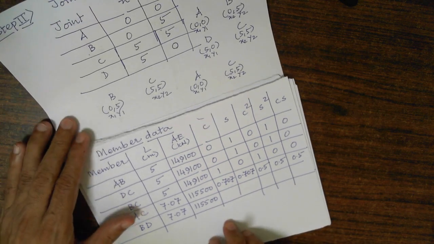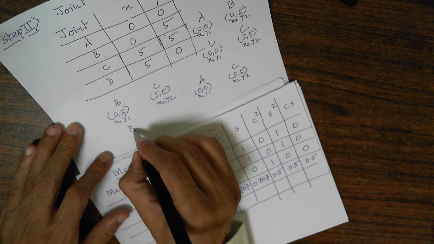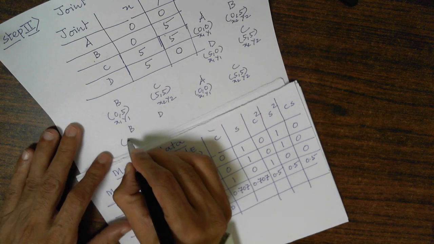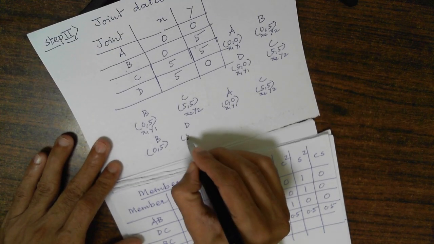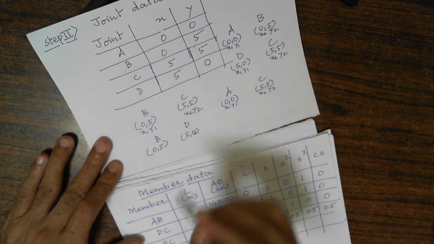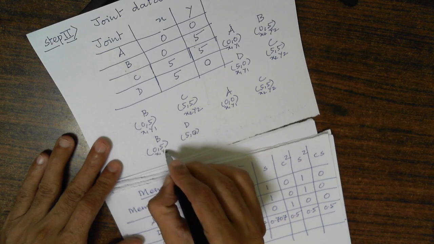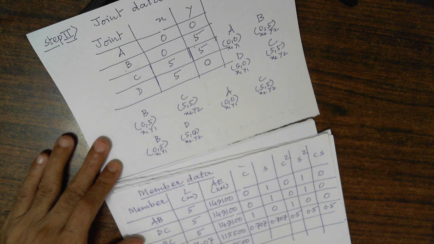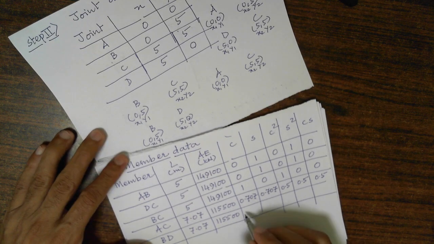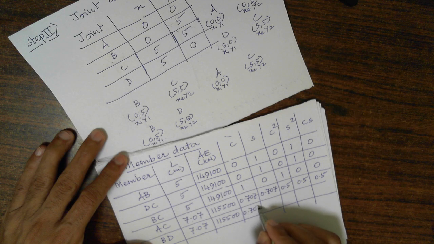And now last member is BD. So BD, coordinates of B are 0, 5, coordinates of D are 5, 0. This is x1 y1, this is x2 y2. So cos theta is x2 minus x1 divided by L, 5 minus 0 divided by 7.07, this is 0.707.